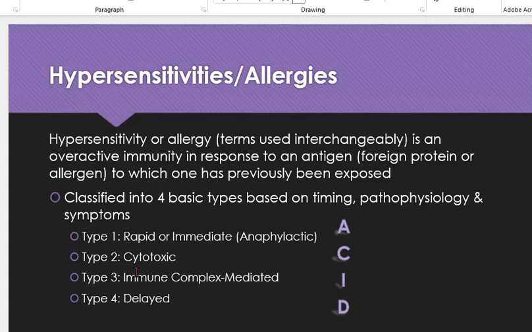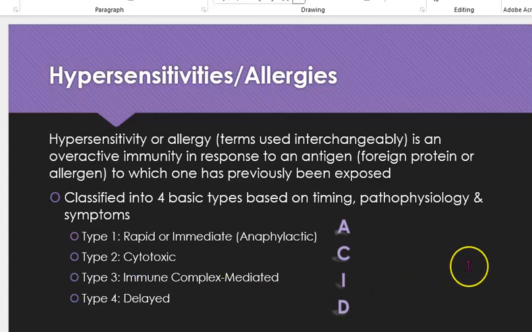The self cell is then destroyed along with the attached protein. Select examples of type 2 reaction include drug-induced hemolytic anemia and hemolytic transfusion reactions, when a patient receives the wrong blood type during a transfusion.